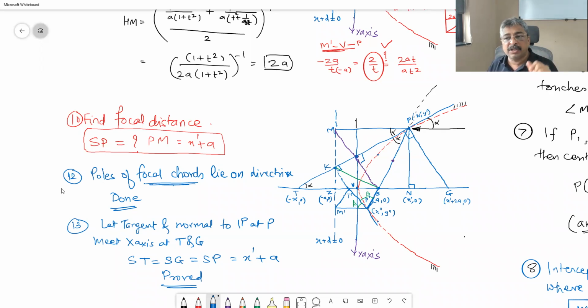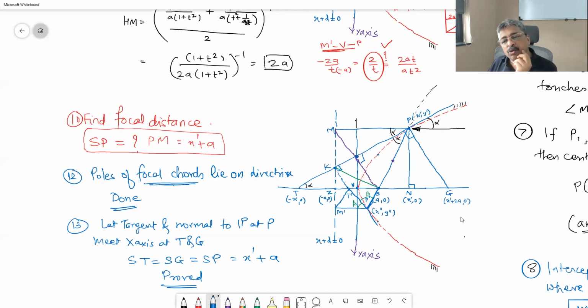If a degree 2 equation in x and y is given to you and you are asked to find specific properties of that conic section, which we don't know what it is, we will identify what conic section it is and report all parameters related to that. That study we will do in the end once we finish ellipse and hyperbola properties also.